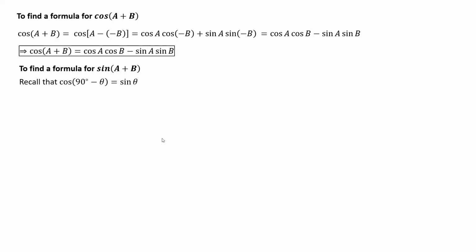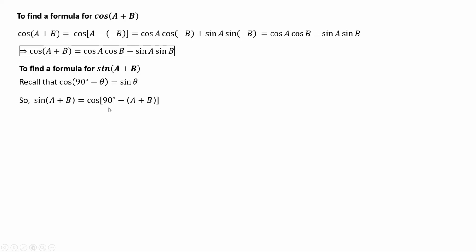Okay, let's see if we can make use of that. So sine of A plus B, I can write that as cosine of 90 degrees minus the quantity A plus B, right? That to me looks like sine theta is cosine of 90 degrees minus theta. Okay, where do we go from there?